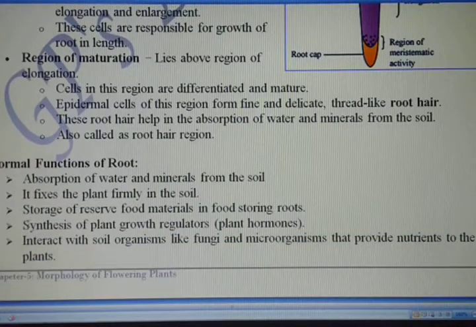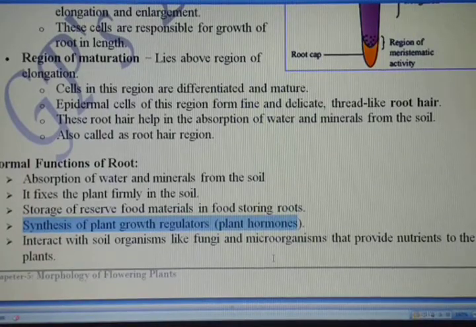And at the tip of the root, they are able to synthesize plant growth regulators, in short called PGR, which refers to the plant hormones. You have studied in your earlier class about plant hormones. Five of them were there: auxin, cytokinin, gibberellin, ethylene and abscisic acid.